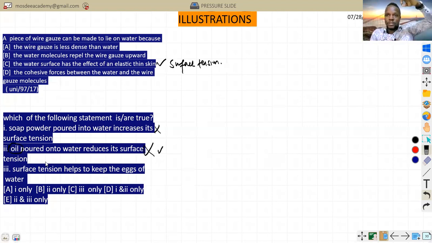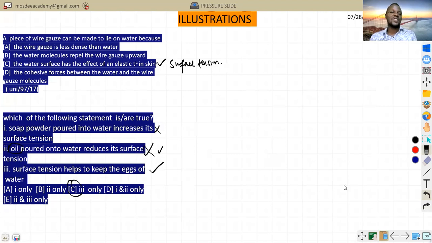You understand? It only occurs at the surface, and the force will allow that particular thing to act like a stretched elastic. What I'm saying is that this is correct. Any force that acts on the surface of a liquid or fluid is called surface tension. So the answer to that one is 3. 3 only is correct. You can see 2 and 3 is also there for some of you that are pig-headed and don't know the concept very well. So that is the answer, and C is the answer.